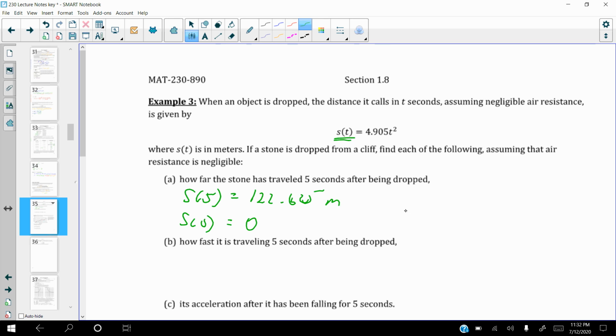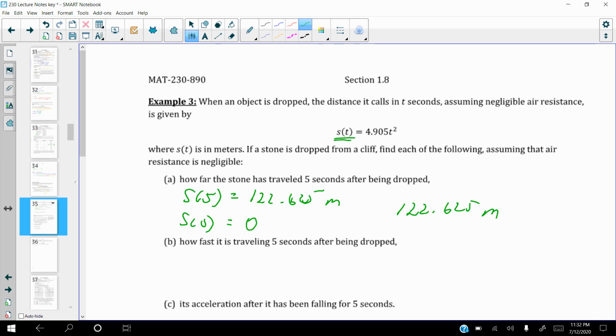This thing moved in those 5 seconds 122.625 meters. Now we want to know how fast the object was traveling at the 5-second mark after it was dropped. Well, that's an instantaneous rate of change at 5 seconds.